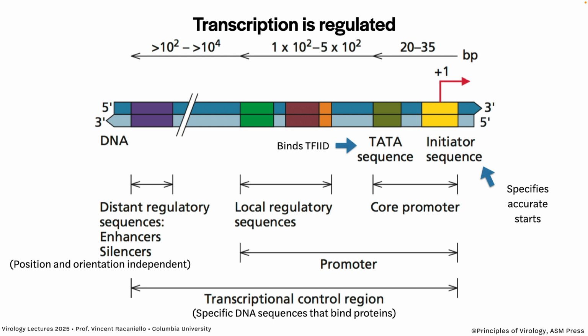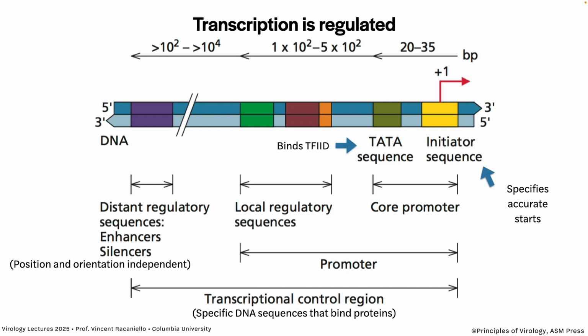And it consists of the initiator sequence where transcription begins, and that's our red arrow there. That's where the mRNA would start to be made. And then we have what's called the TATA sequence, which binds a specific protein needed for initiation. And that constitutes what we call the core promoter. Then there are upstream regulatory sequences, local ones, distal ones.